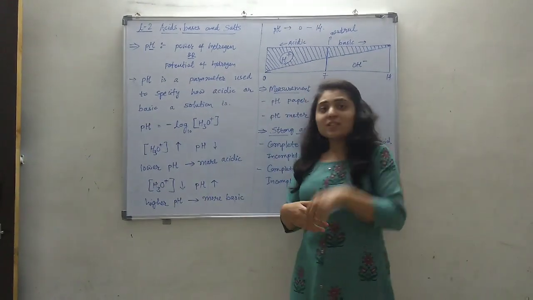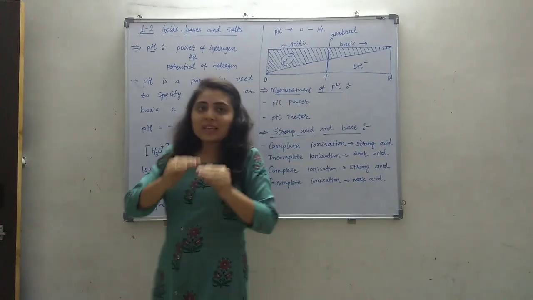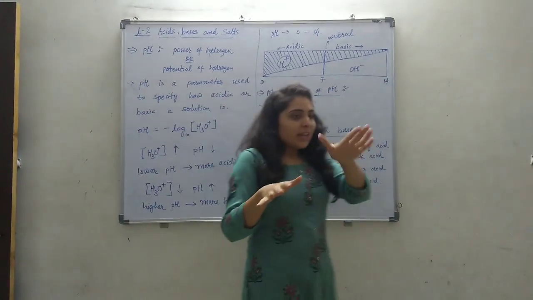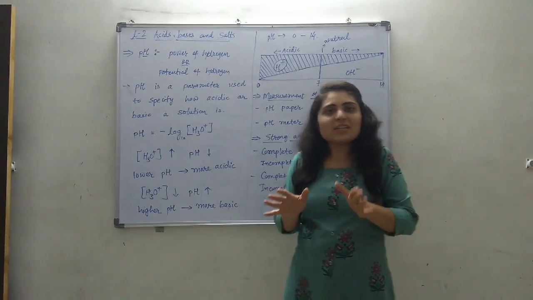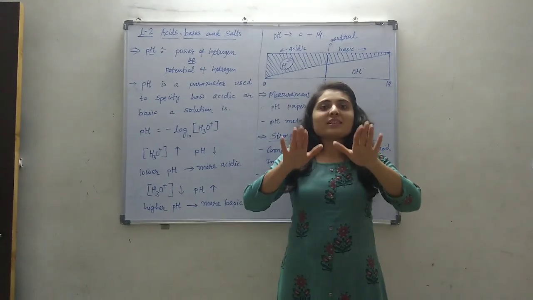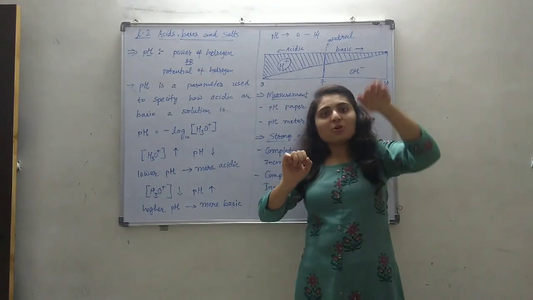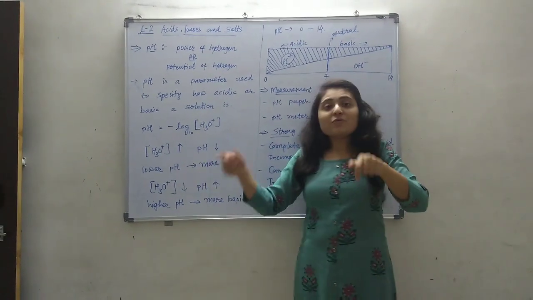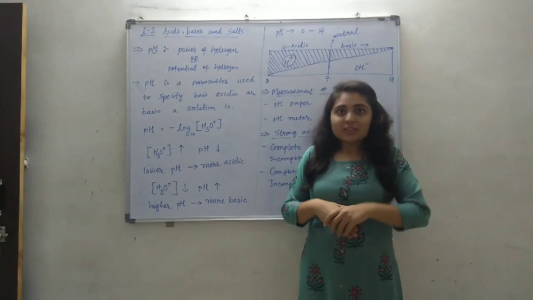Now, H plus and OH minus are both present in a solution because solutions are made in water. In water, H plus and OH minus are equal in number. If we add acid, the number of H plus increases. If we add a base, OH minus ions increase.